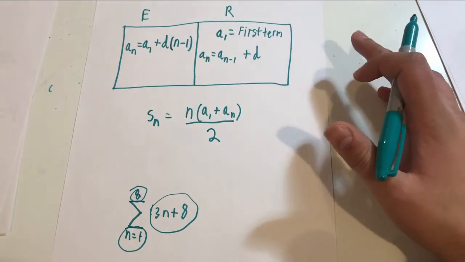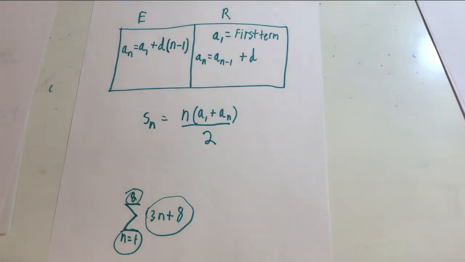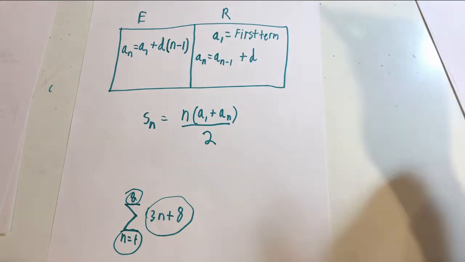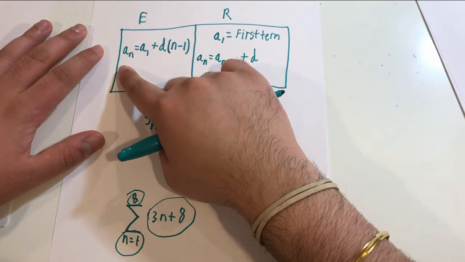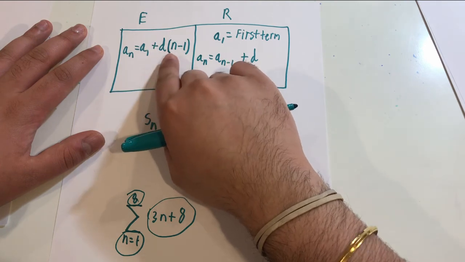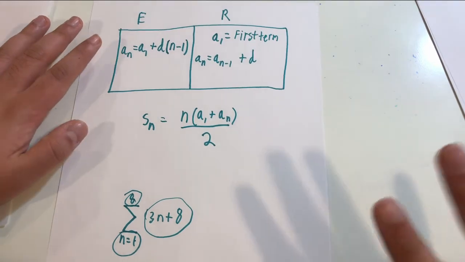So in an arithmetic sequence, you should be familiar with an explicit and recursive definition, formula, or rule. All of those basically mean the same thing in this context. Explicit formula: a sub n equals a sub 1 plus the difference factor times n minus 1. Recursive case, you have two parts.